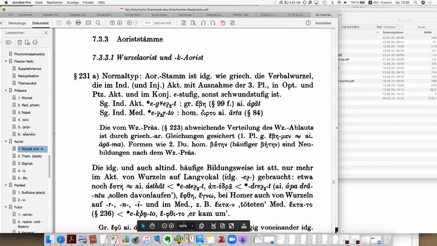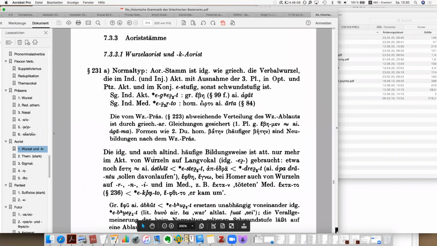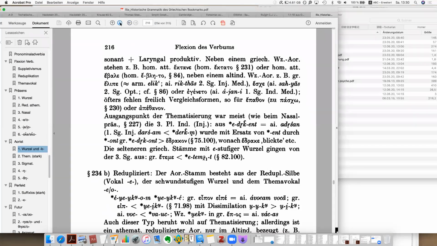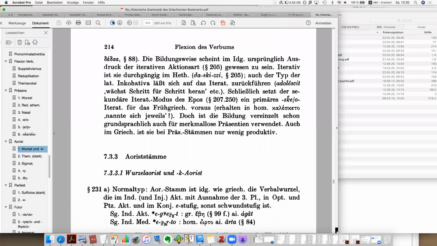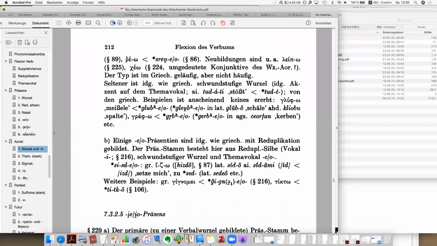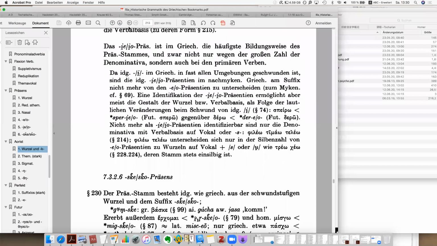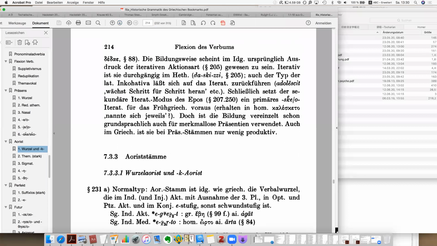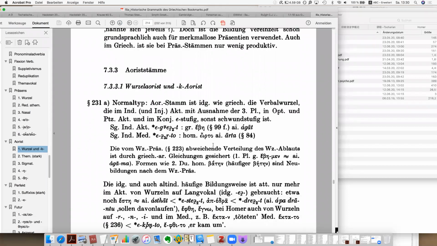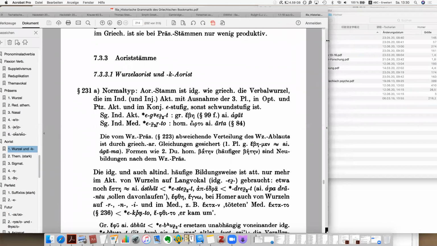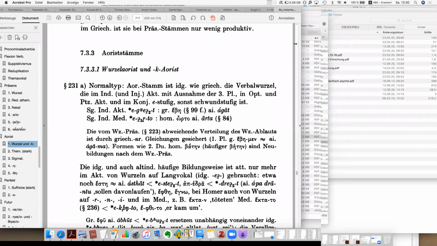So actually in Greek, we have the normal root aorist. I think I can show you a paradigm.